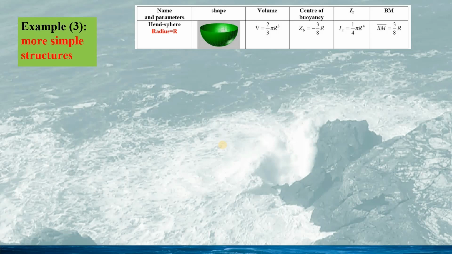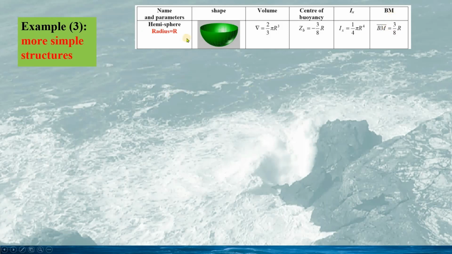Here we have some simple structures. For different structures, the displacement, the center of buoyancy with regard to the water plane, the second moment of the water plane area, Ix, and the metacentric radius, Bm, are calculated.